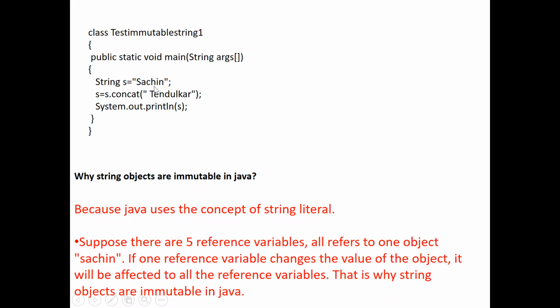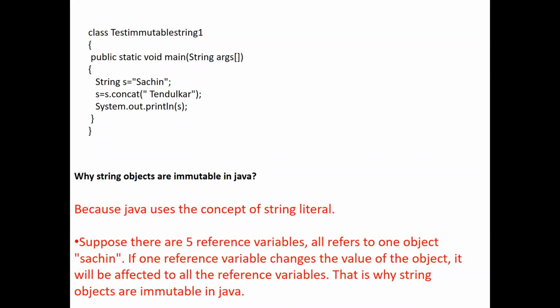So yes dot concat Yes means on the existing object, I'm trying to add some more content. My intention here is to form Sachin Tendulkar. Concatenation is nothing but adding or appending to the existing object. Sachin is already available, and I'm trying to make it Sachin Tendulkar. In such cases I use the concat function, which is available in the Java string class.